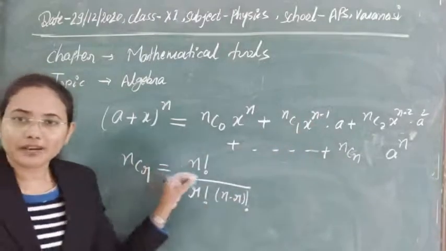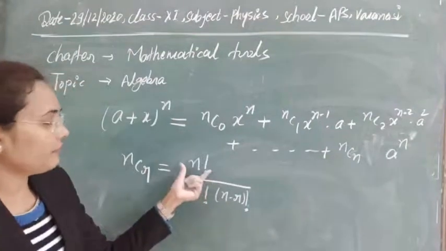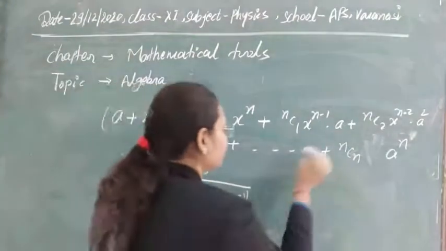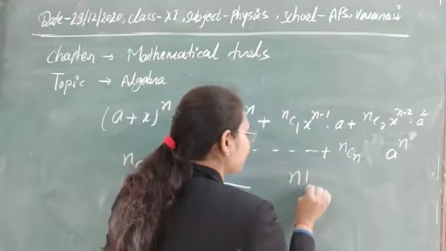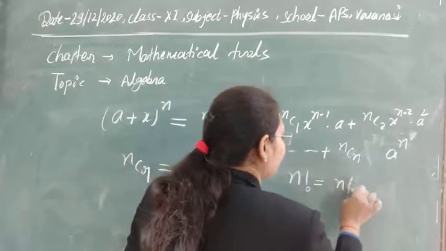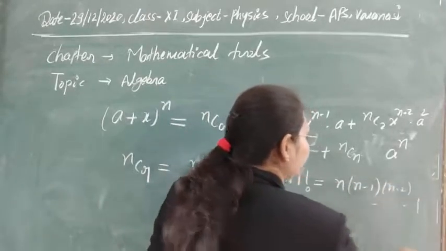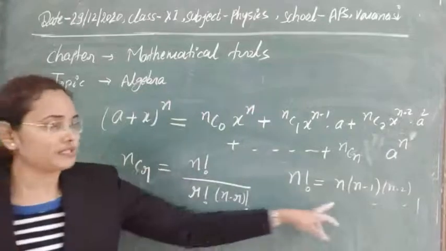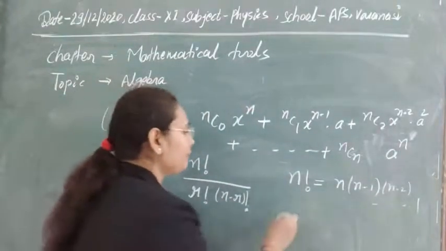And now, what is factorial? How can you understand it? Suppose we have factorial n. Its value is n, n minus 1, n minus 2, until it becomes 1. This is the expansion of the factorial. With the help of this formula, suppose we have factorial 2.